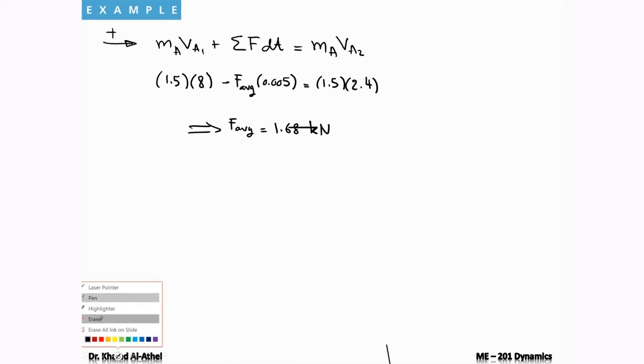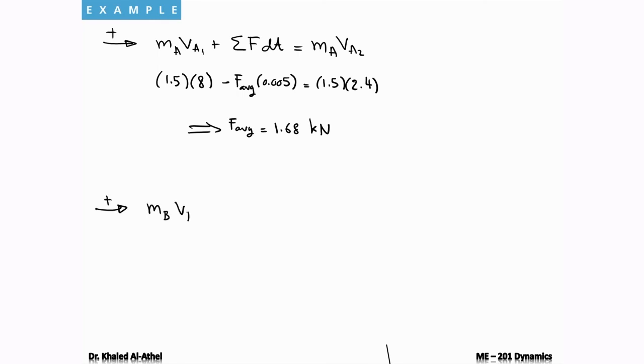kilonewton. Now, as I mentioned before I started solving this part, you can solve it either by doing block A or by doing the same thing for block B. So if you do MB VB1 plus F dt equals MB VB2, you have here 0 plus F average times 0.005 should equal 1.5 times the final velocity of B, which is 5.6.